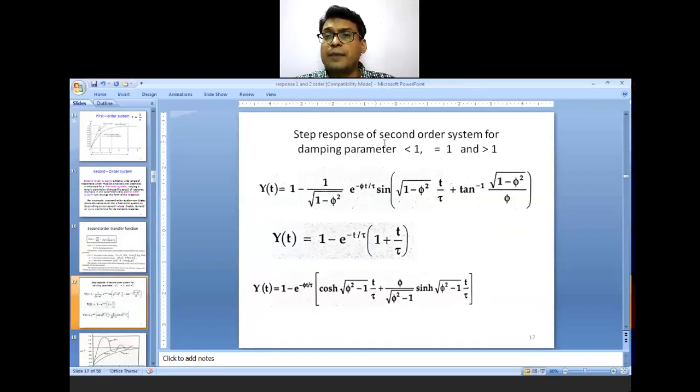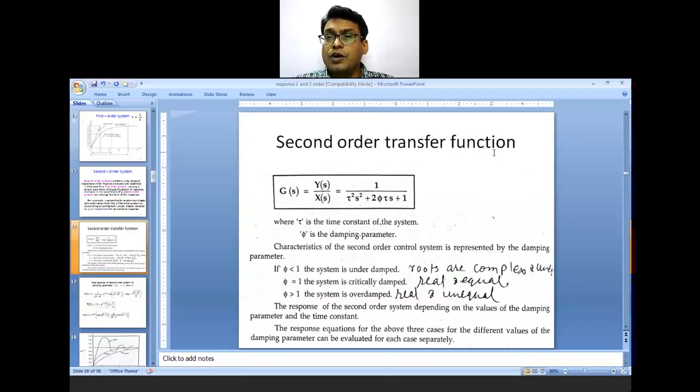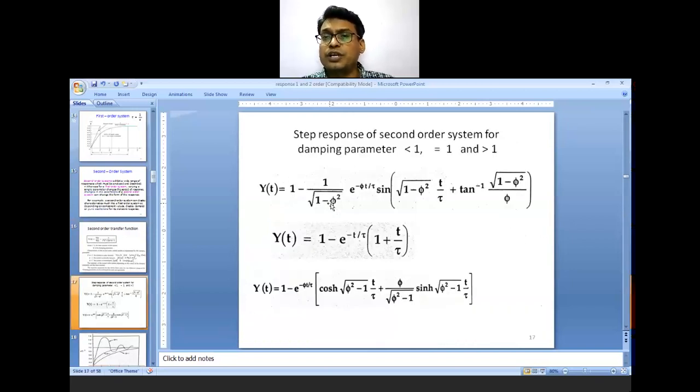Now, step response of second order system for damping parameter phi less than 1, phi equals 1, and phi greater than 1. For this transfer function, we have the input value for the step, that is 1 upon s, substituting that for the different values and simplifying, taking inverse Laplace transform, you will get y(t).